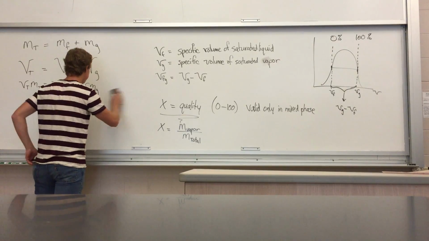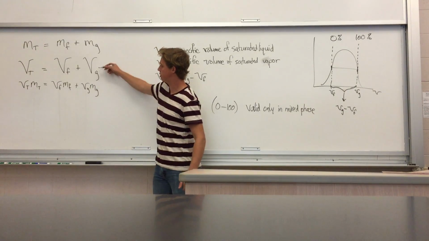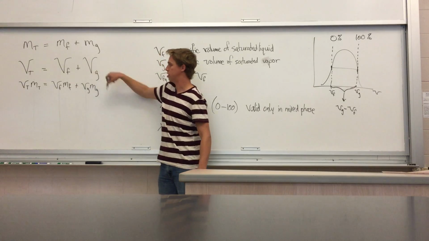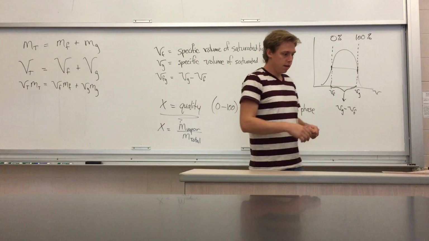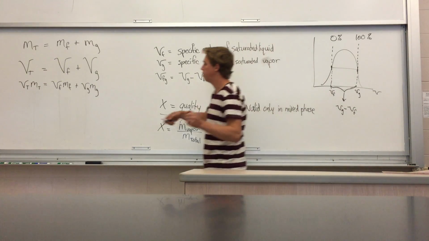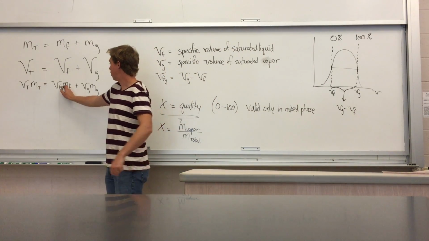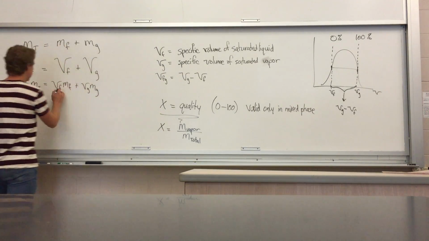Okay? All I've done is replace each term with little v times m. So next, what I can do is eliminate this mass of the liquid because that's not in our definition.